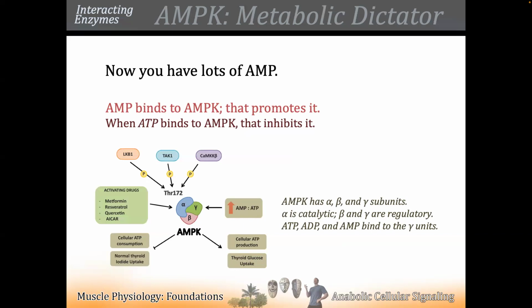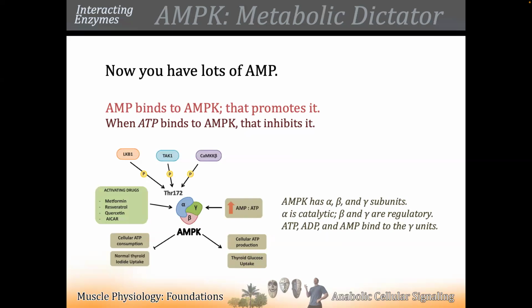Don't need to know it. And then the other one, that's calcium calmodulin dependent protein kinase beta. Also don't need to know it. In skeletal muscle, the primary kinase that activates AMPK is LKB1. That's the only one you need to know. And it can't activate AMPK until AMP is bound to the gamma subunit.